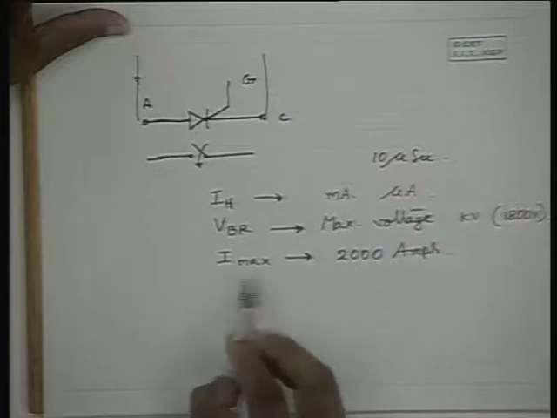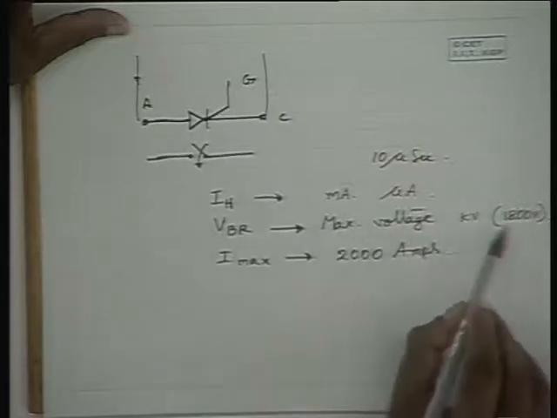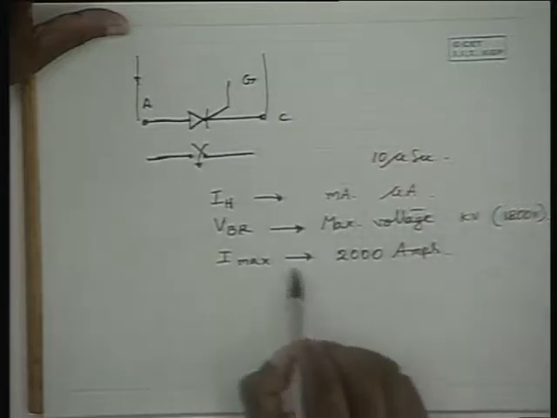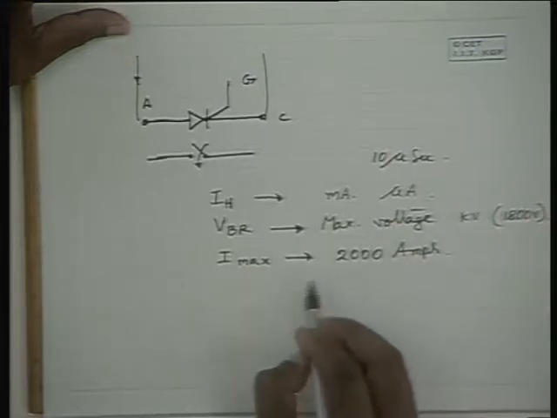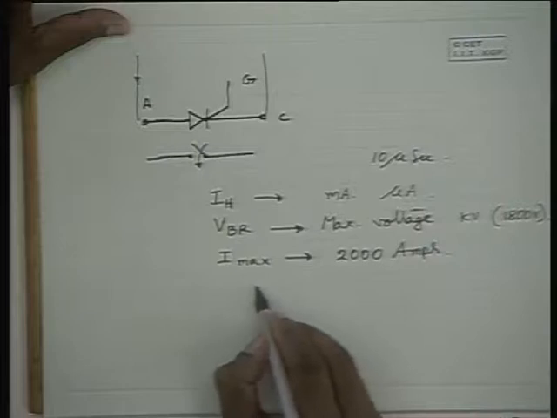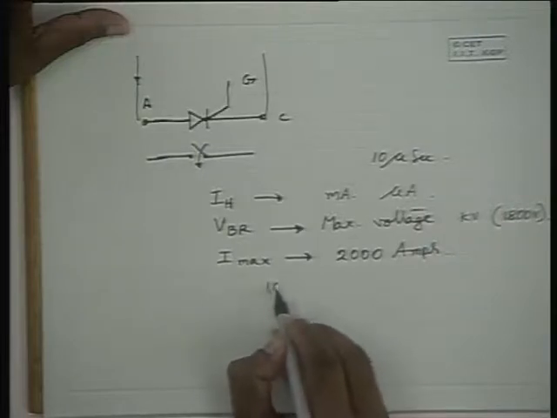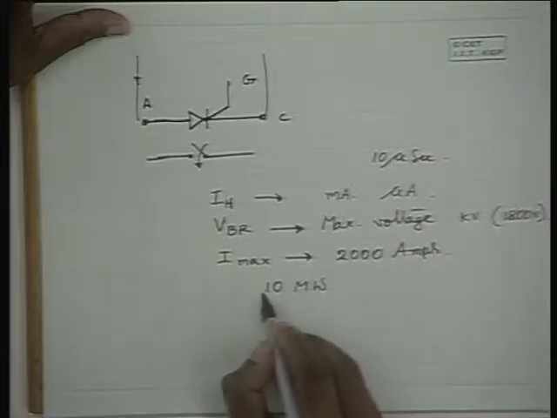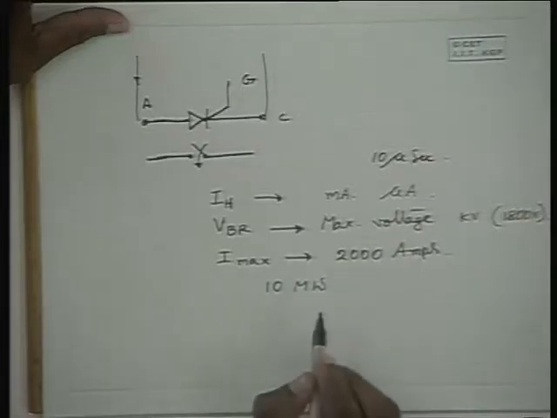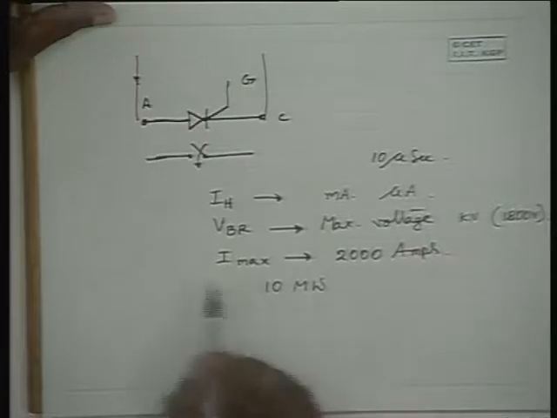And please note that with this kind of voltage and this kind of maximum current that can flow through this device, it can be operated in circuits handling powers of the order of 10 megawatts. Therefore, this device can be used in high power circuits.